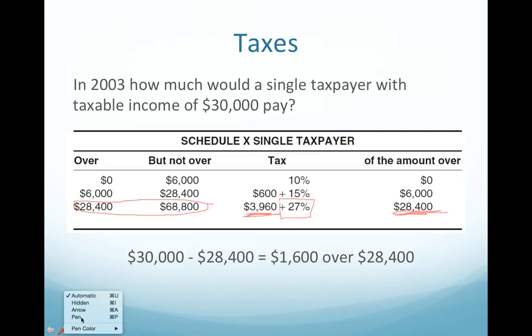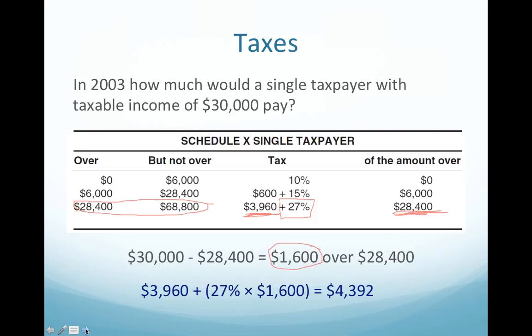Okay, so the amount that they went over the 28,400 is 1,600. So at that 1,600, they got to pay 27%. So we got the 3,960, the 27% of 1,600, and then we add those two together, and we come up with 4,392.